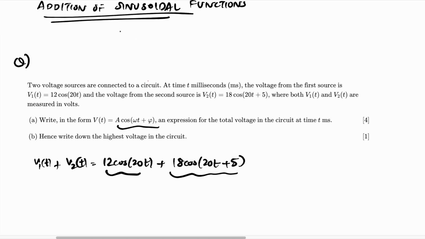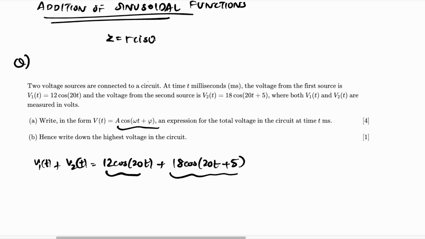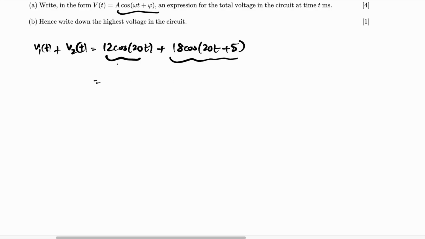One thing to note was that if my complex number is r cis theta, the real part of this complex number was r cos theta and the imaginary part was r sin theta. So I can write 12 cos 20t as the real part of the complex number 12 cis 20t or e raised to i 20t. Similarly, I can write 18 cos(20t plus 5) as the real part of 18 e raised to i(20t plus 5), in brackets like this.